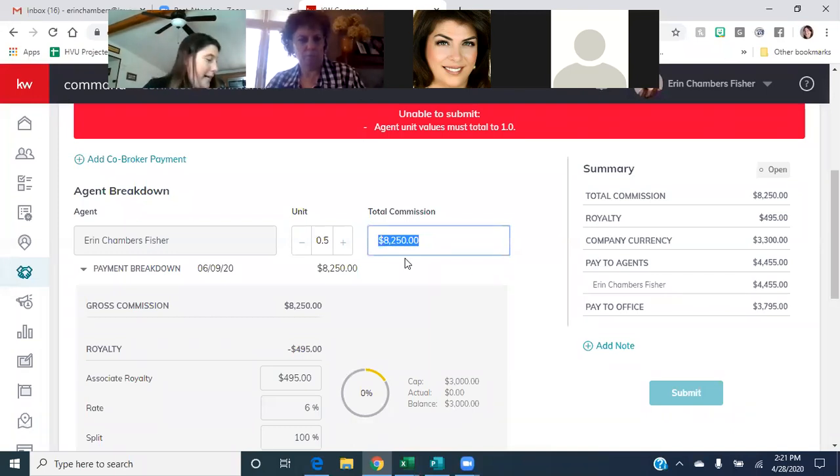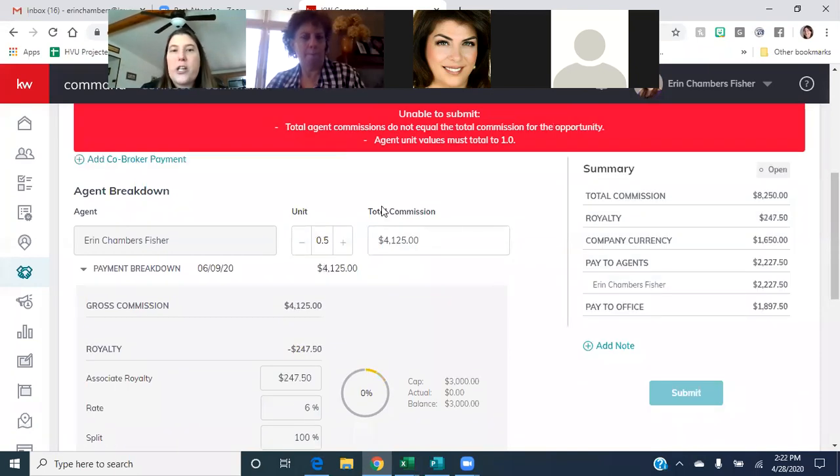That's the only part that they need to fix. So I'm going to have to calculate the half of commission, obviously, instead of it just doing it for me. When I change it to 0.5, you have to manually change this total commission at this point. Hopefully at some point, that's one of those things that they'll fix. And of course, you'll see this error message up here that equals 1.